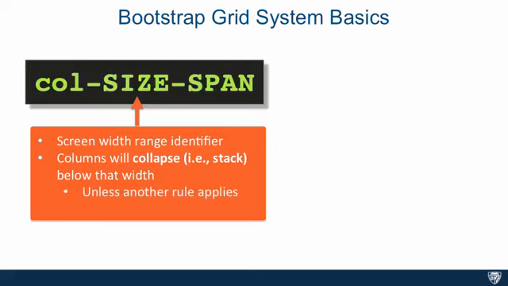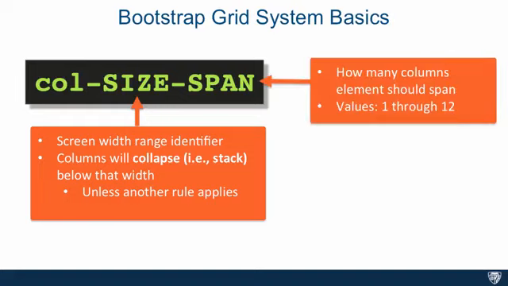So for example, if for LG large you specified one column span, and then for a medium size you specified another column span, well, when you squeeze the browser, make the browser less wide, and you cross that threshold of 1200 pixels, the large column span will no longer apply. But if you've specified an MD or medium size of the screen, that then will kick in and that will apply.